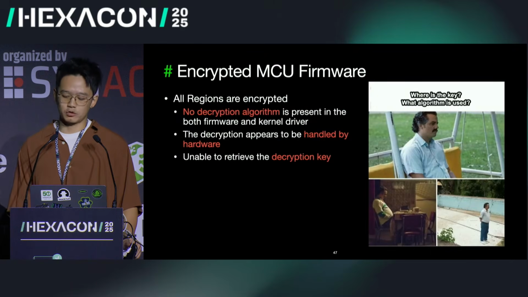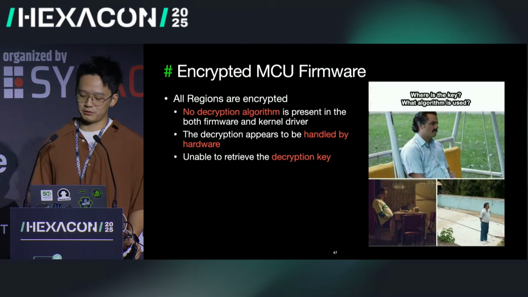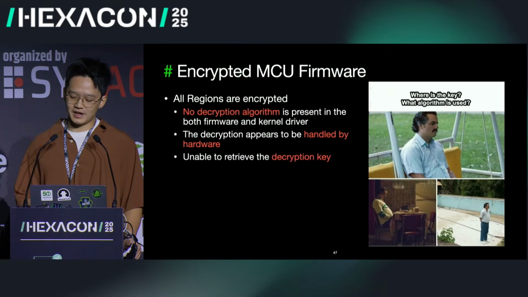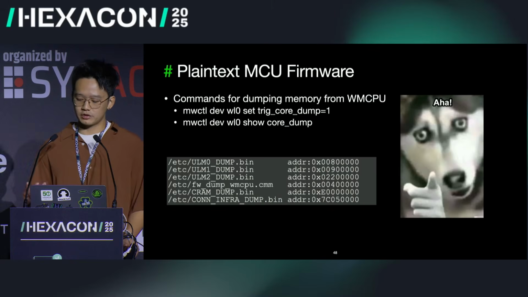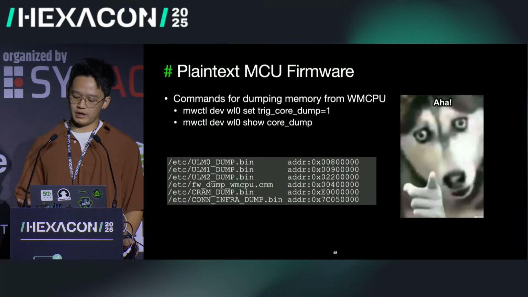But I couldn't find the decryption algorithm in the kernel module or MCU firmware of Wi-Fi 6. It seems that the decryption is handled by specific hardware, so it is difficult to decrypt the firmware. I spent a lot of time but got nothing. Because of this, I chose another way to obtain the plaintext firmware.